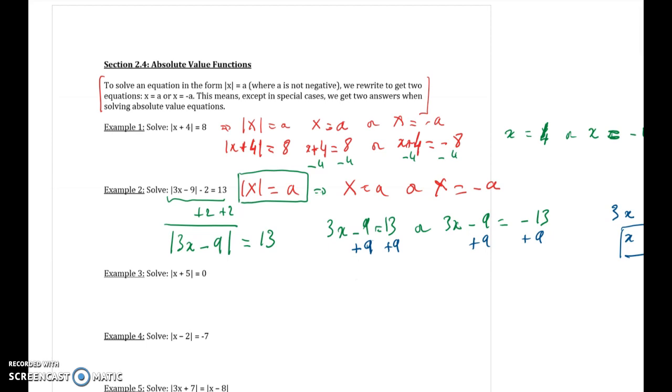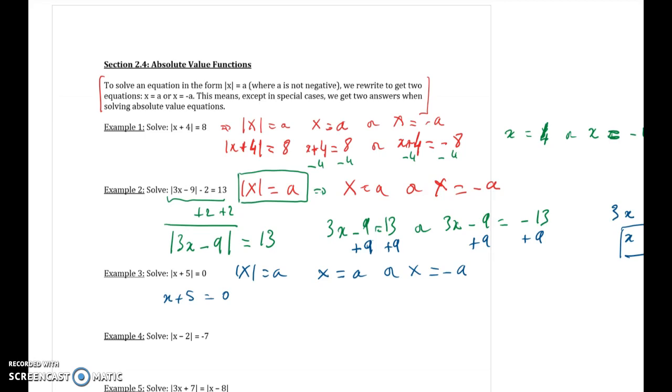Example number 3. We could say that this reminds me of the relation with a equals 0, so I'm supposed to have the algebraic expression equal a, or the algebraic expression equal negative a. In that case, a equals 0, so I could write x plus 5 equals 0, or x plus 5 equals negative 0.